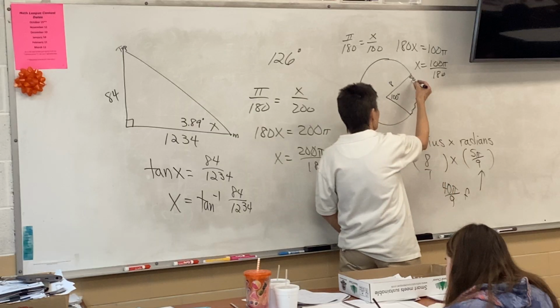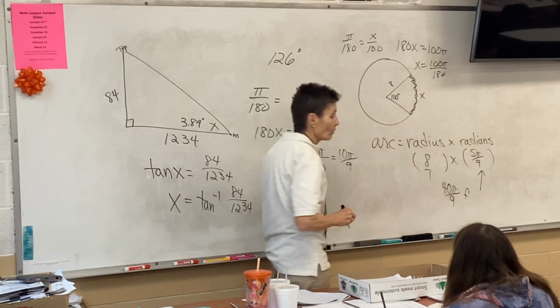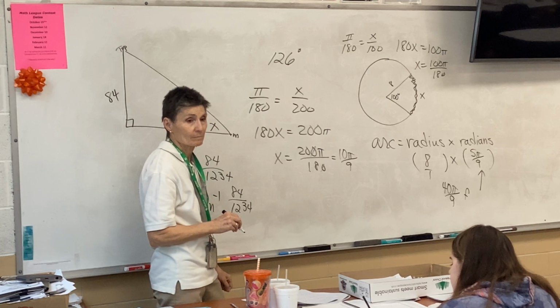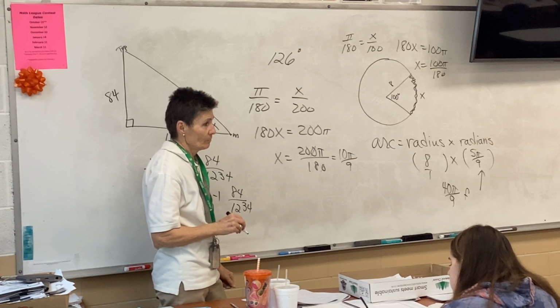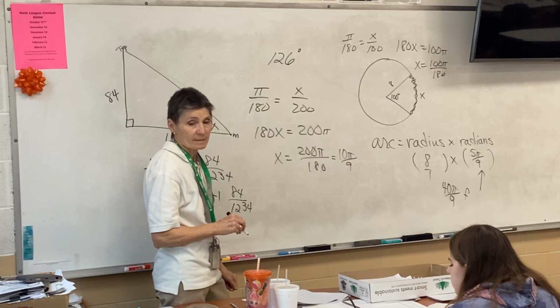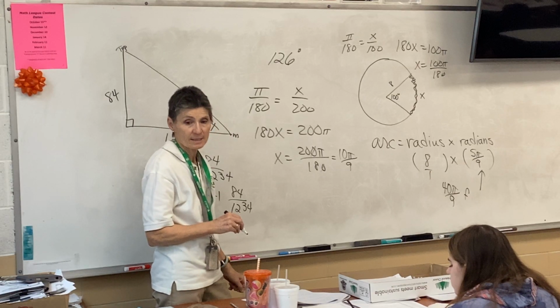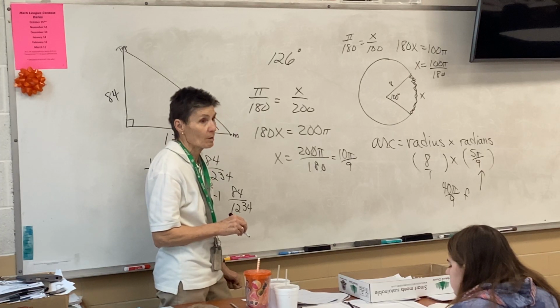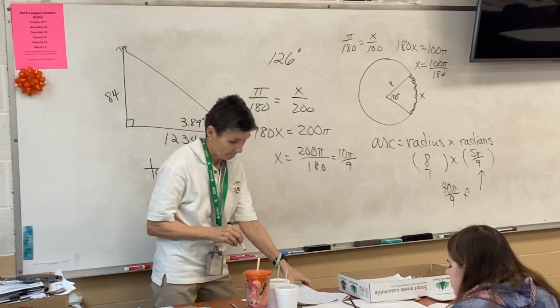So the length of this arc right here is 40 pi over 9. That one you gotta be on your toes, because it is a two-stepper, 2 pieces to that problem.